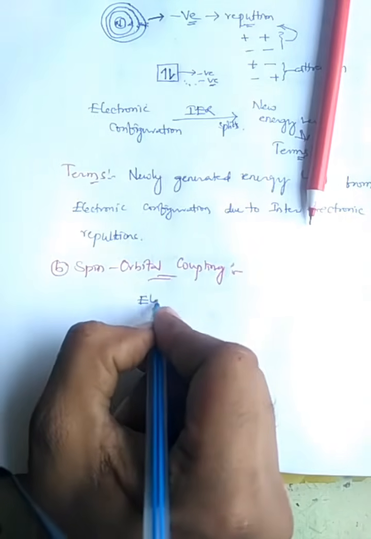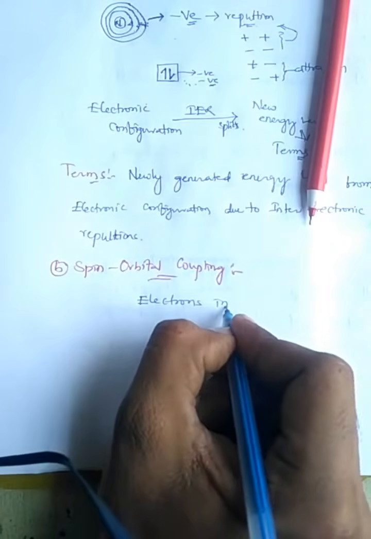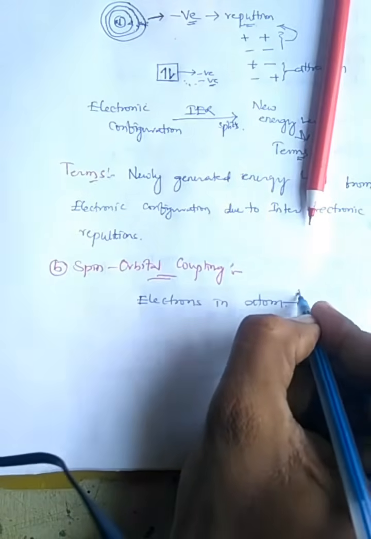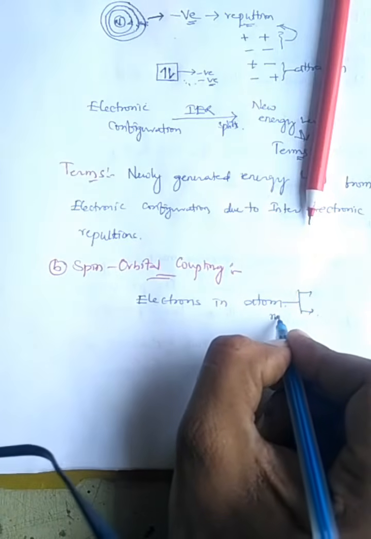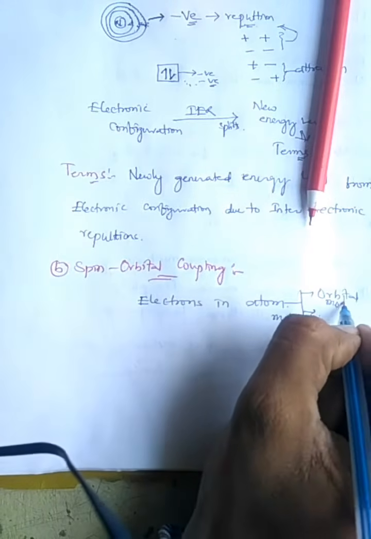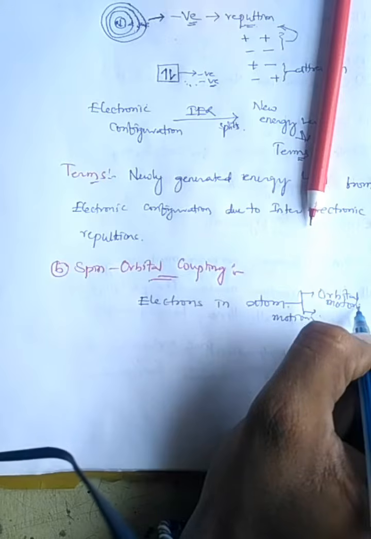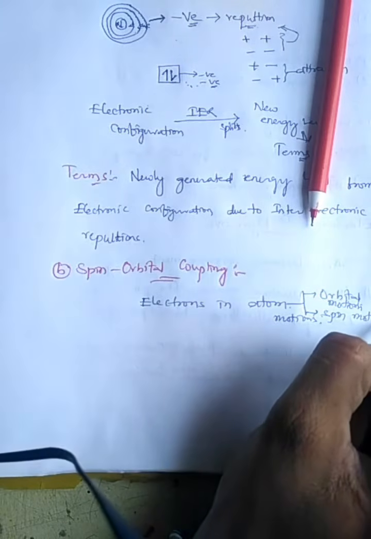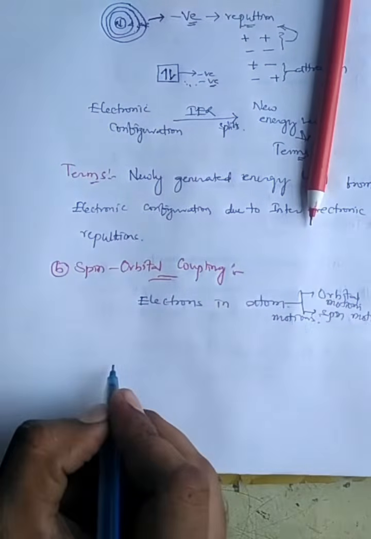We have the charged particle, the electron, in an atom, and it has two types of motion: orbital motion and spin motion.